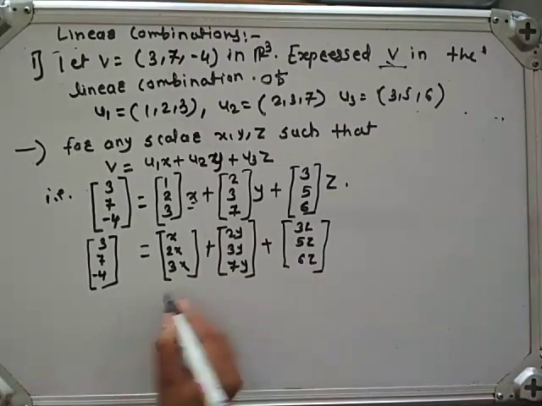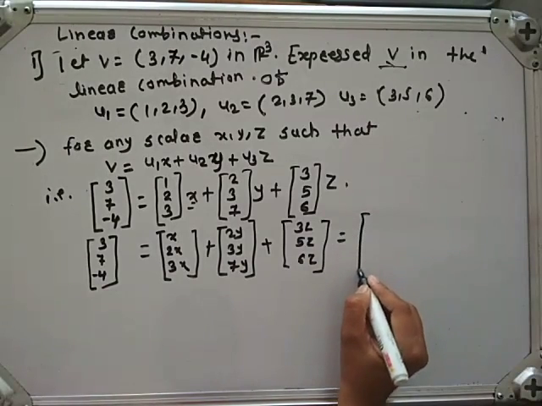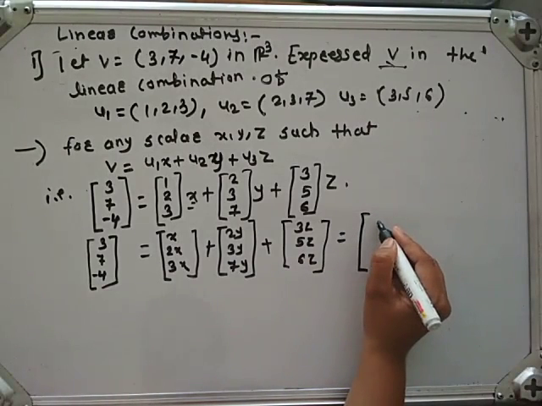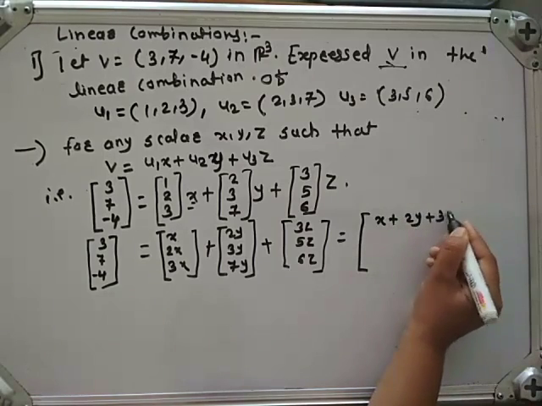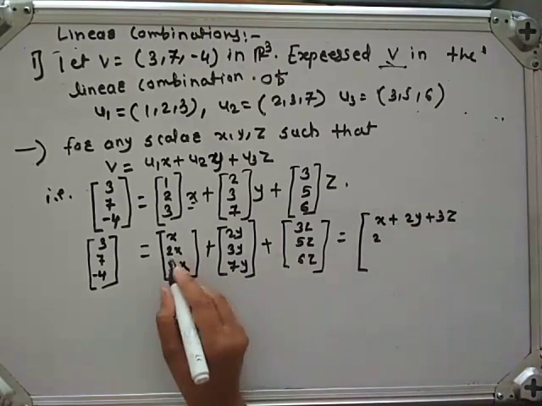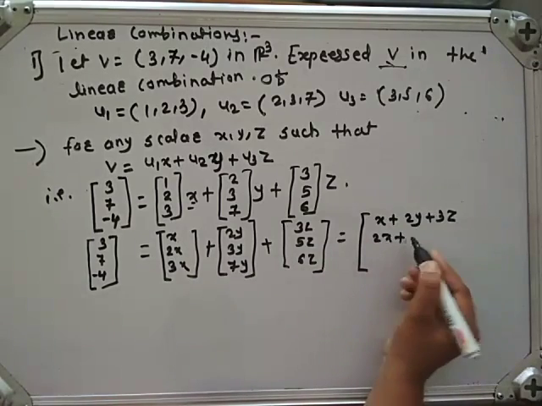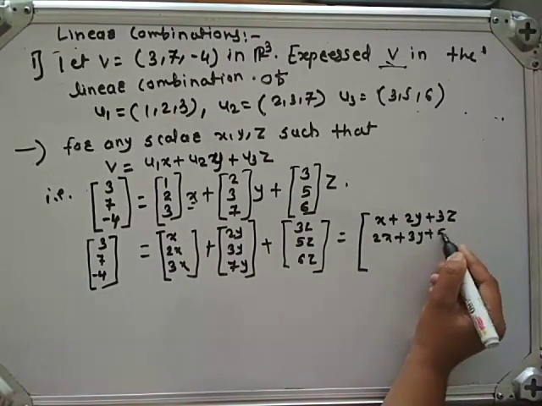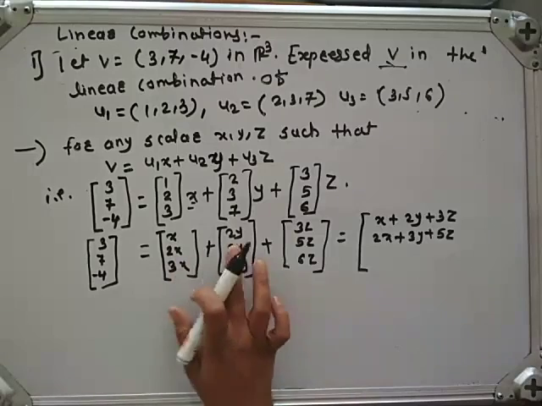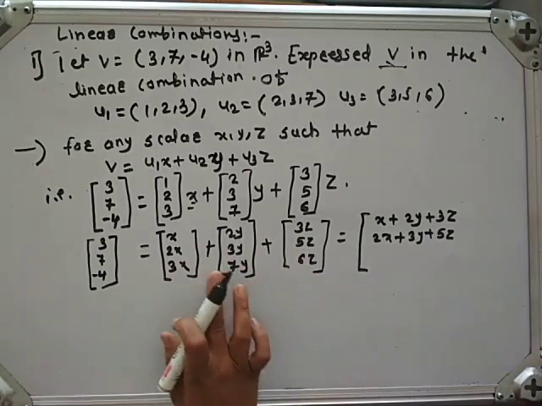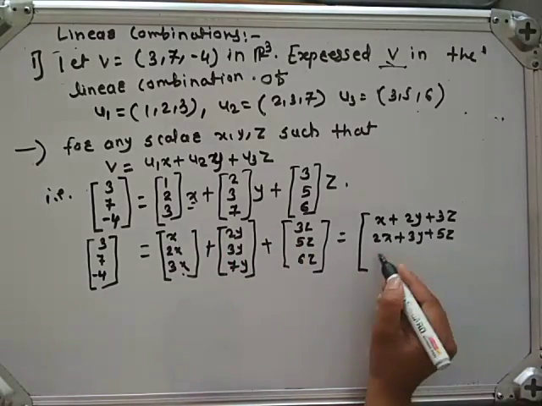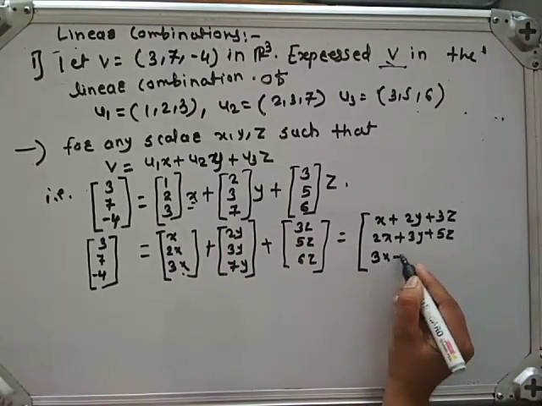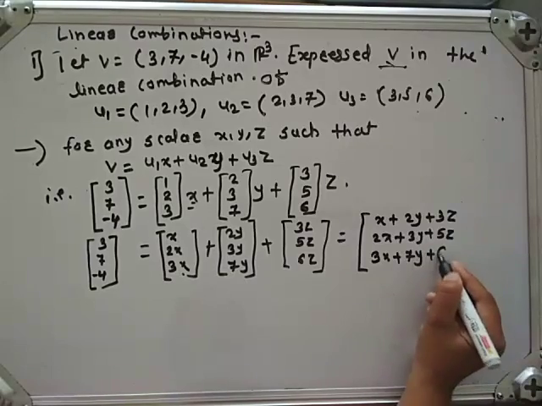Okay. Which is nothing but what we get? x plus 2y plus 3z. Okay. Next equation is 2x plus 3y plus 5z. Means we have to add these three matrices. Means we have to add corresponding entries. Okay. And last row is 3x plus 7y plus 6z.